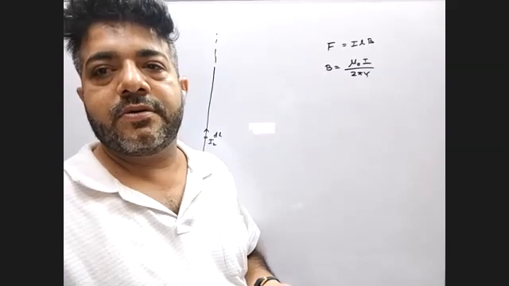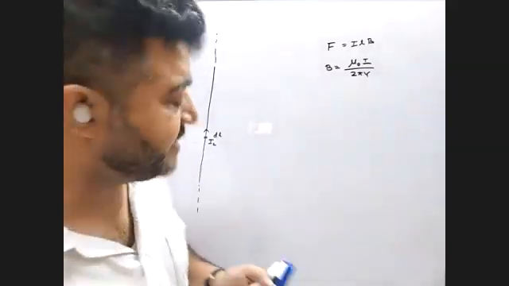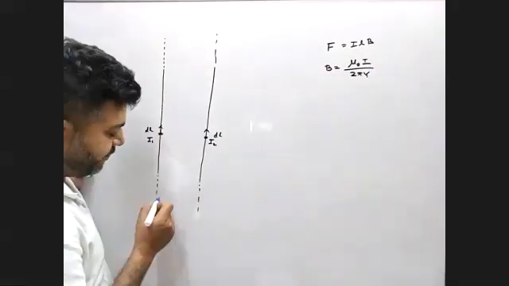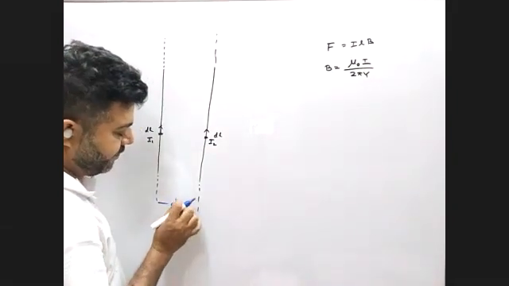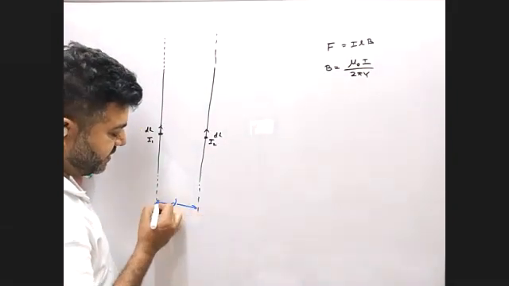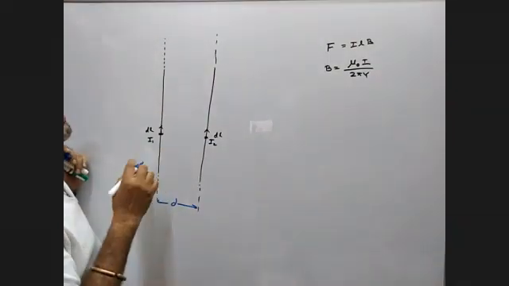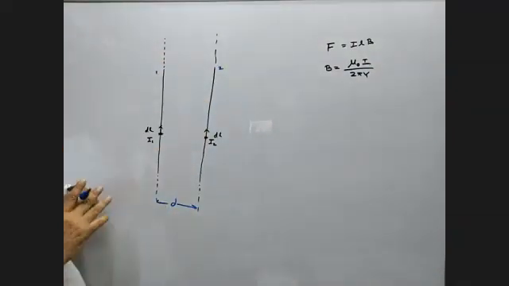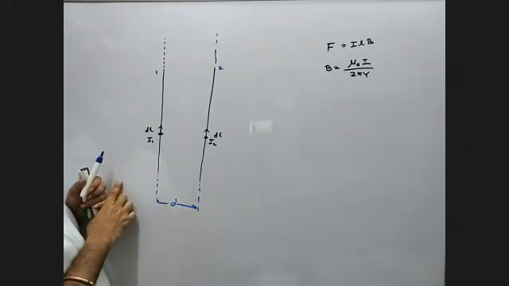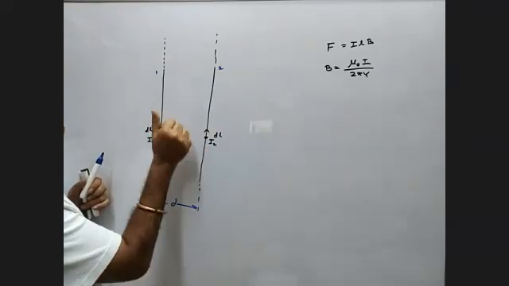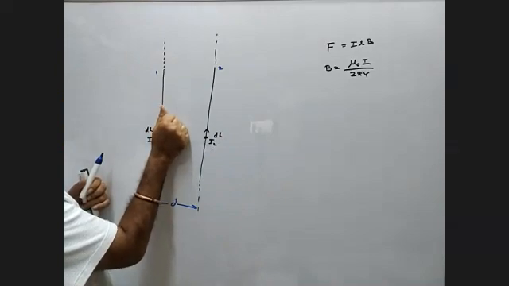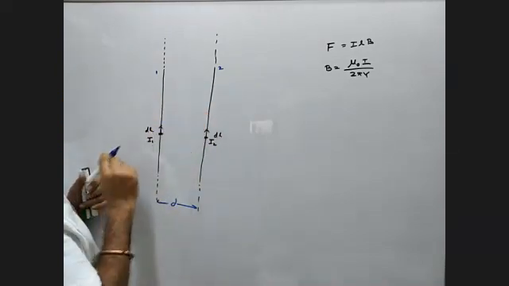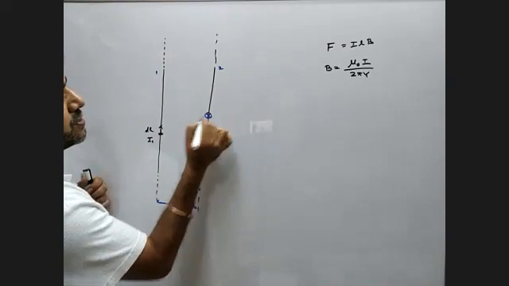If d is the separation between the two wires, let it be the first wire and the second wire. If we want to calculate the magnetic field due to the first wire on the second wire, we use the current in the second wire, so it is cross.